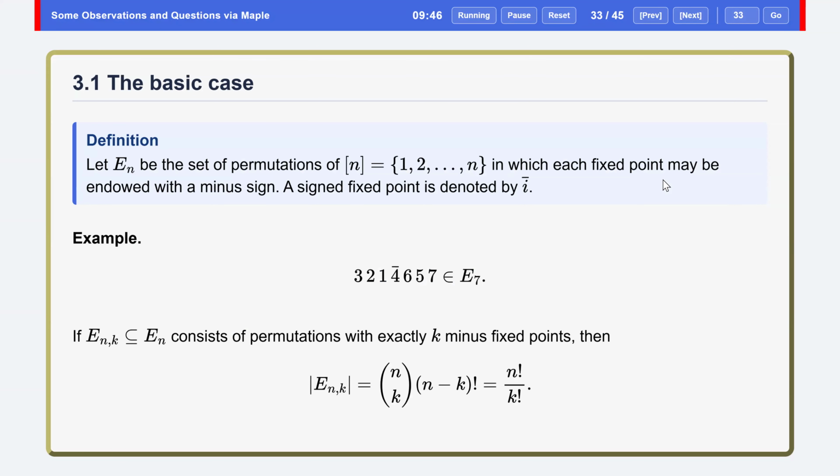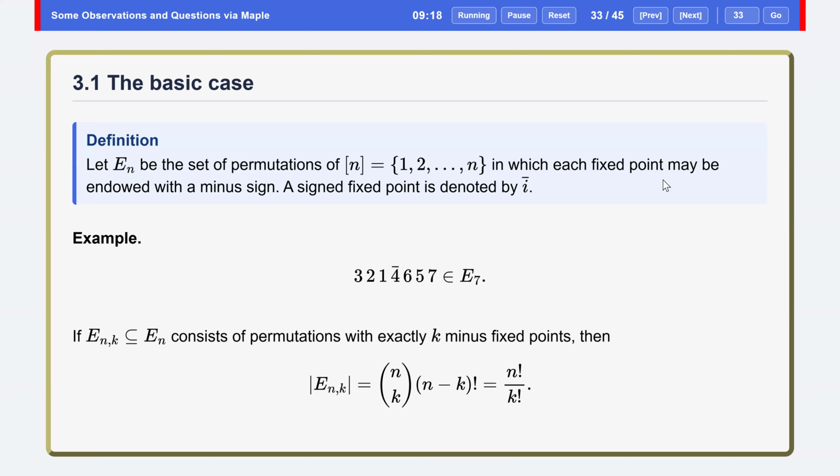The basic idea is to give an involution setting for the q-derangement numbers. For the classical case, let E_n be the set of permutations in which each fixed point may be endowed with a minus sign. A signed fixed point is denoted by a bar.